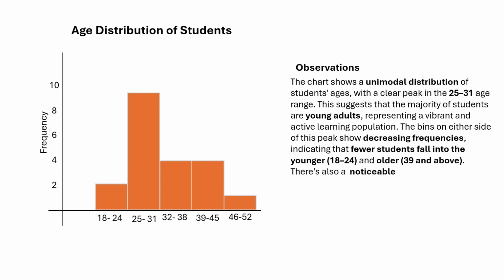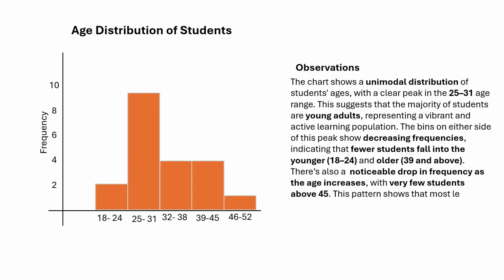There is also a noticeable drop in frequency as the age increases, with very few students above 45. This pattern shows that most learners are in their early adult years, with fewer people in the younger and older age groups. From raw data, see what insights we have extracted just by visualizing using a histogram.